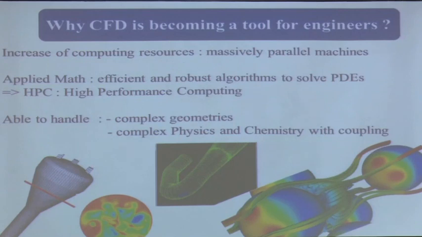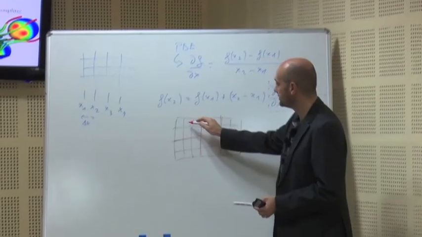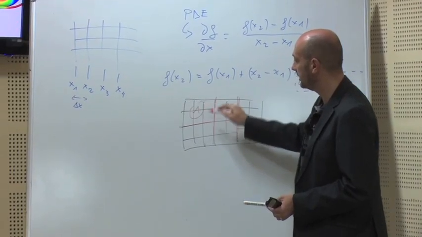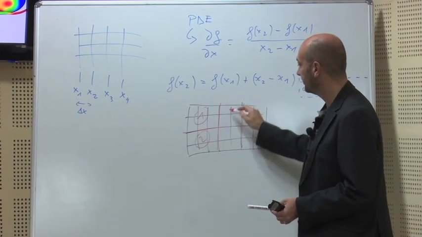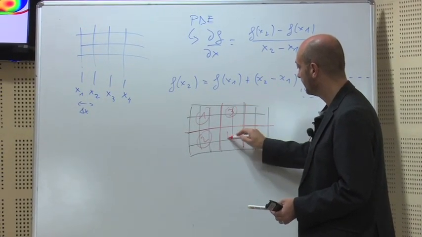For example, let's say that you are going to do a simulation like this. You make your mesh like this, and the idea of parallel computing is to spread your calculation over different processors. One processor calculates the points here, another one the points here, another one here.